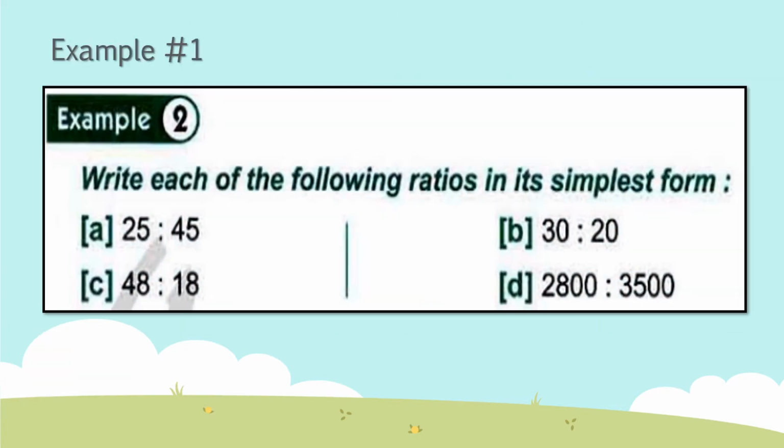So example number 1. Like when we deal with fractions, we're going to deal with ratios. Here, write each of the following ratios in its simplest form. We're going to need our divisibility rules with us. Here we have 25 to 45, and we have said in the previous video that 25 to 45 is a ratio, comparing 25 parts of something to 45 parts of something.